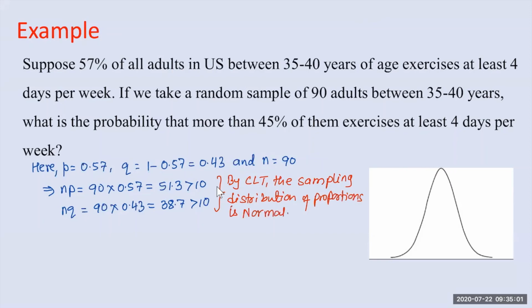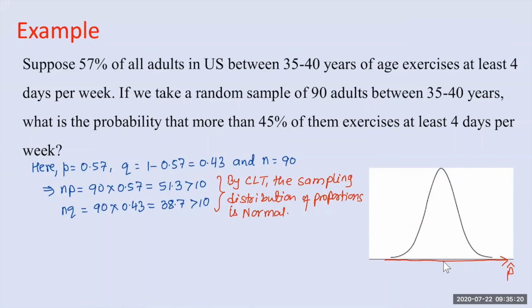Meaning of that is, if along this x-axis you have your p hat, the proportion, the distribution here should be normal. So if that is a normal distribution, what we need is the mean and the standard deviation. So we are going to find the mean and the standard deviation.